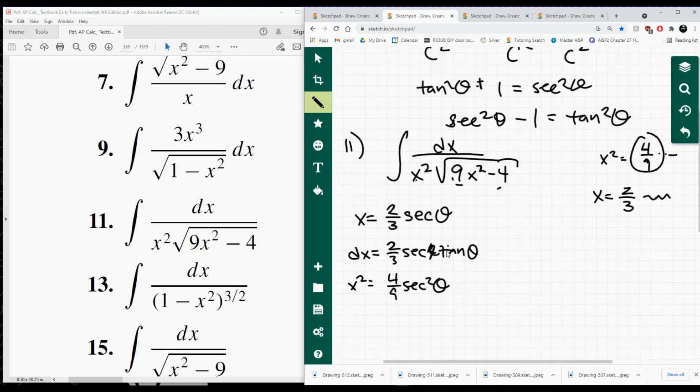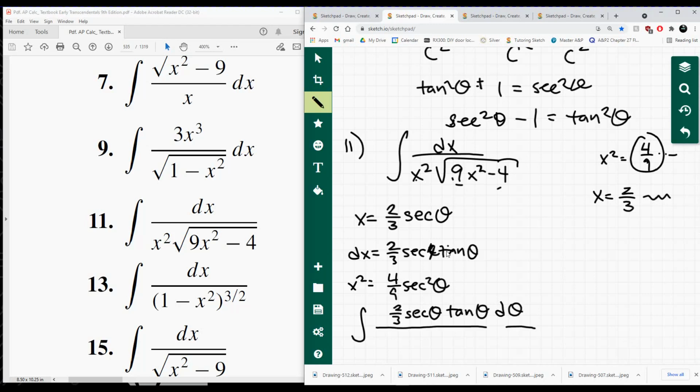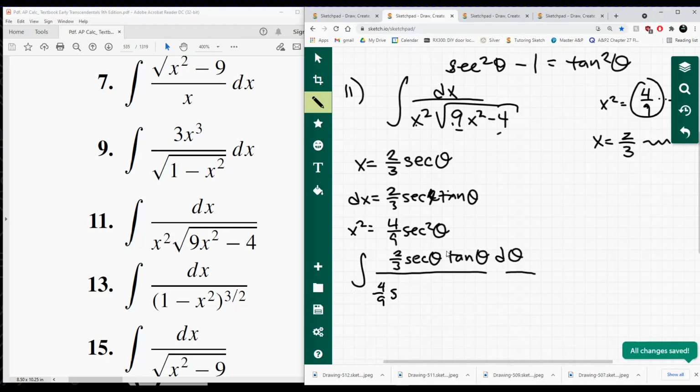And therefore, when we start distributing, we have 2/3 secant theta tangent theta d theta in the numerator. In the denominator, the x squared is going to be 4/9 secant squared theta. And now we have 9 times 4/9, that's going to give you 4 secant squared theta minus 4.